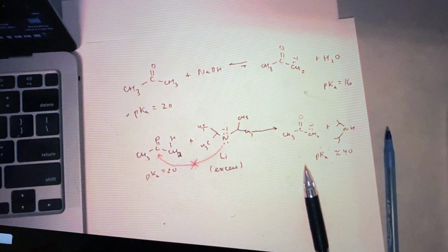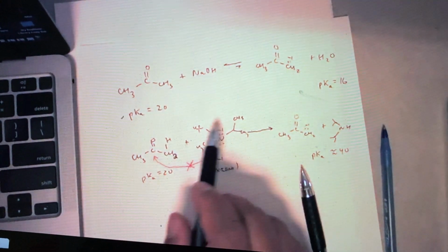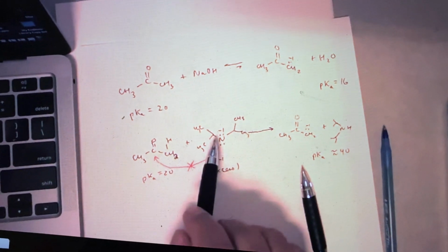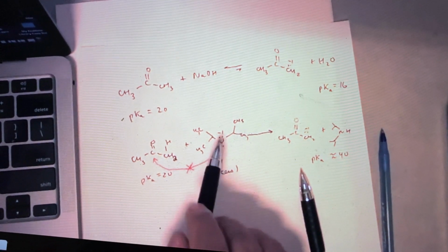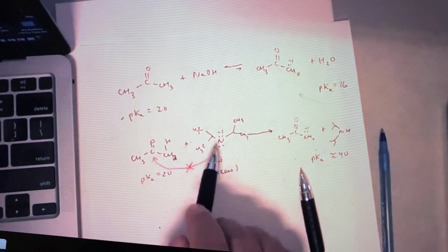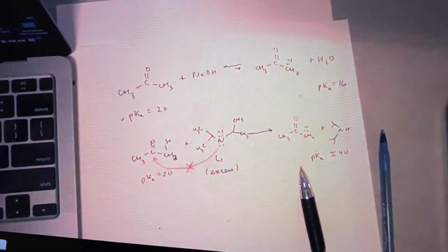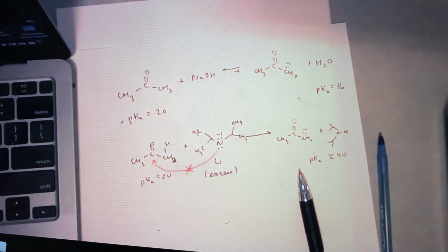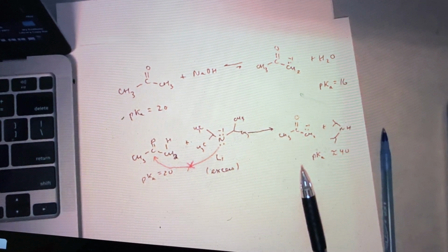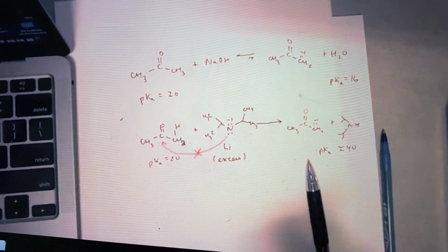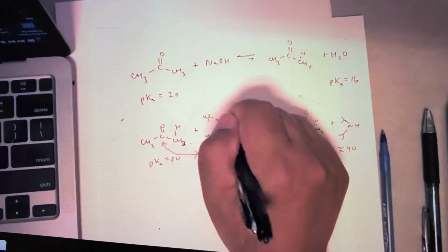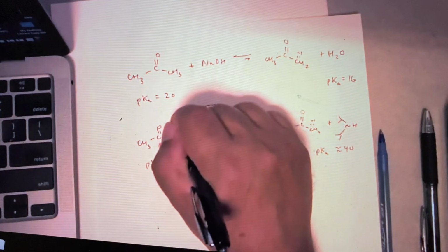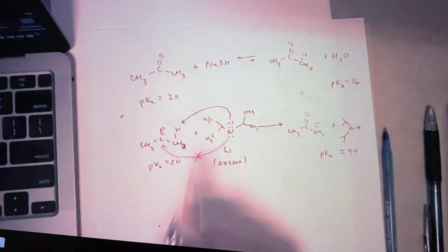Okay, so what I often tell students is LDA was specifically designed to be only a base by the fact that we want to minimize its ability to attack as a nucleophile to that carbonyl. That makes more sense. Thank you. Okay, so that's what we're really getting at, is trying to maximize this happening and not that.